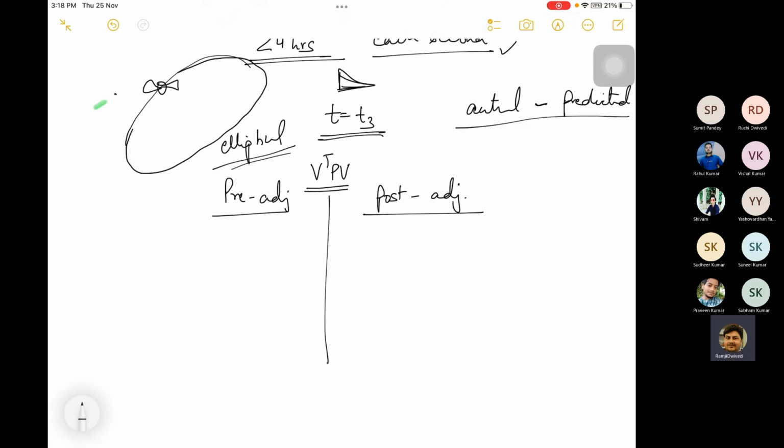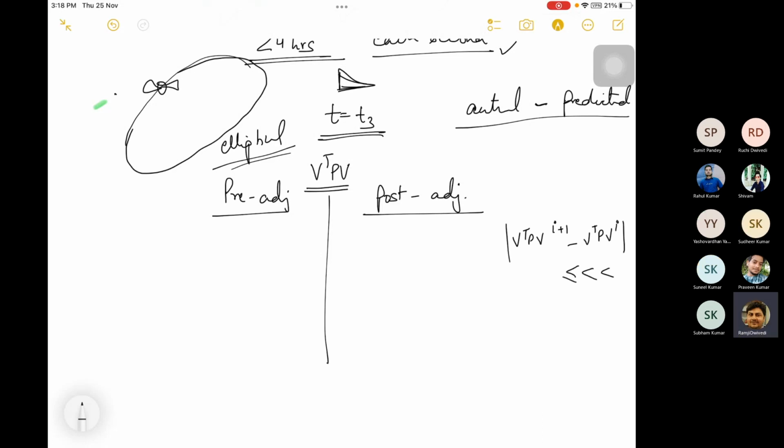Some previous fellows have said that if VTPV at I plus 1 minus VTPV at I, the mod of this is very small, less than a value called epsilon, as we have done in soft computing of the Newton-Raphson method and other iterative methods that we discussed in BTech days. That kind of threshold is needed to end the iteration.